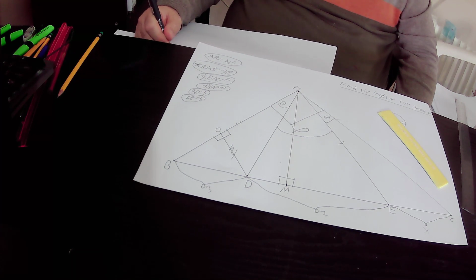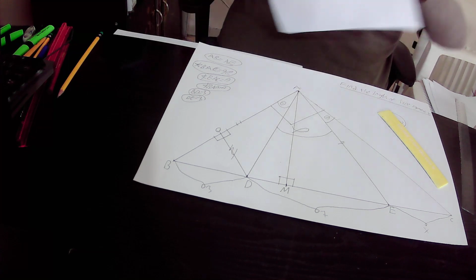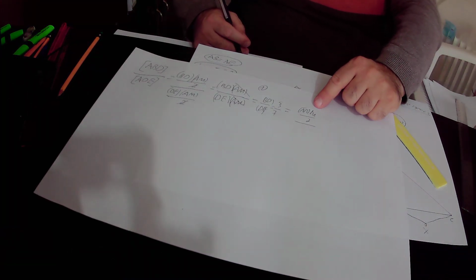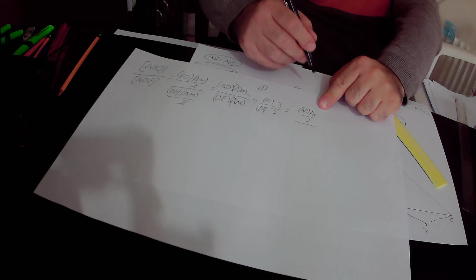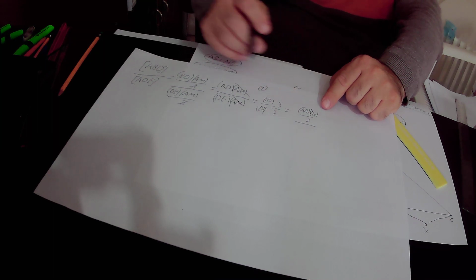I will repeat again. The second way to calculate the area of triangle ABD is to consider the base as side AB, times the height to the base, edge 1, that creates 90 degrees with the base AB, over 2.